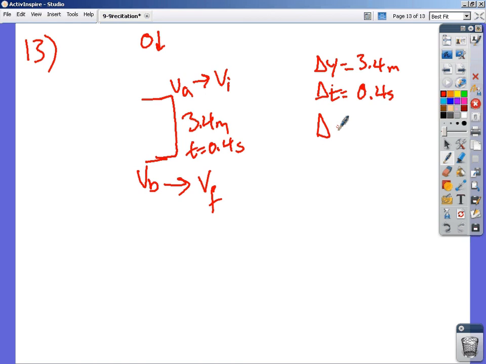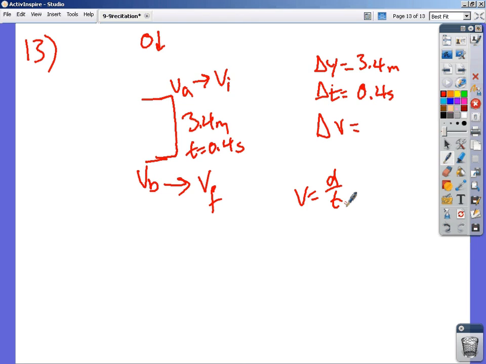You're now looking at number 14, it's just one line. What are we trying to solve for? It tells you specifically. Okay, which one though? VA, right? So we're looking for initial velocity. Once again, we know a couple of things.